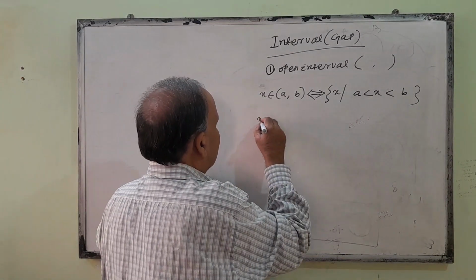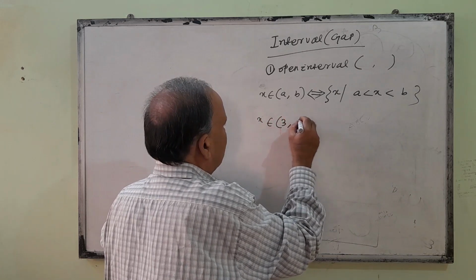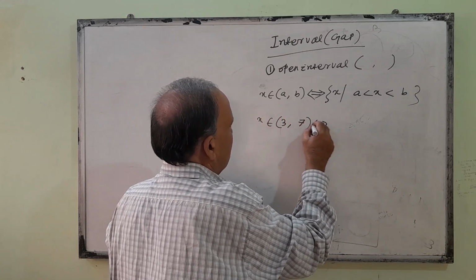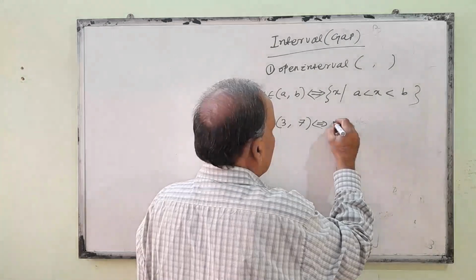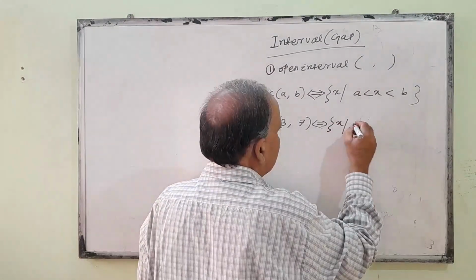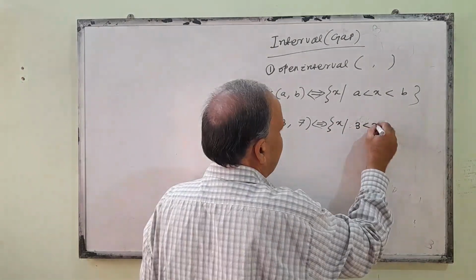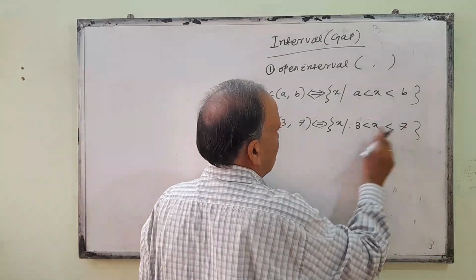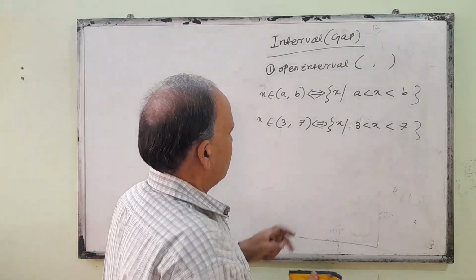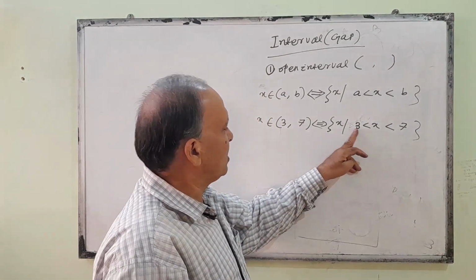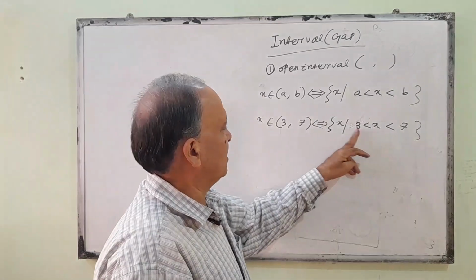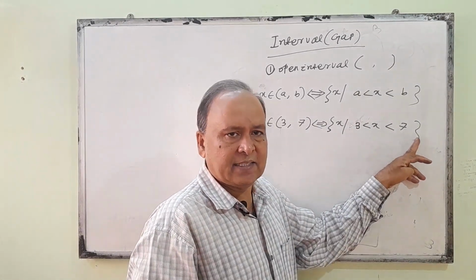Suppose you say x belongs to (3, 7). What is its meaning? That means 3 is less than x is less than 7. That means x is within 3 and 7, but x is not equal to 3 and x is not equal to 7.